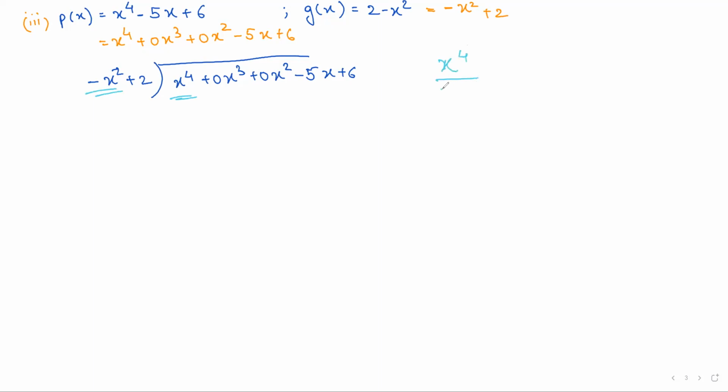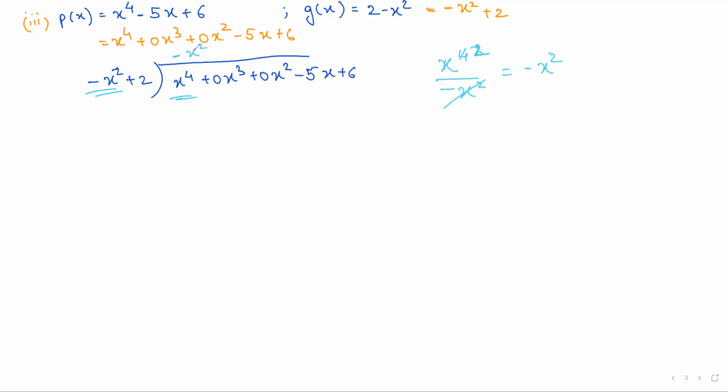Do not worry too much about the signs, just pay proper attention to it, don't miss any signs, and carry them forward as required. So x to the power 4 divided by minus x square, the x got cancelled, and you're left with x into x. This is minus x square.